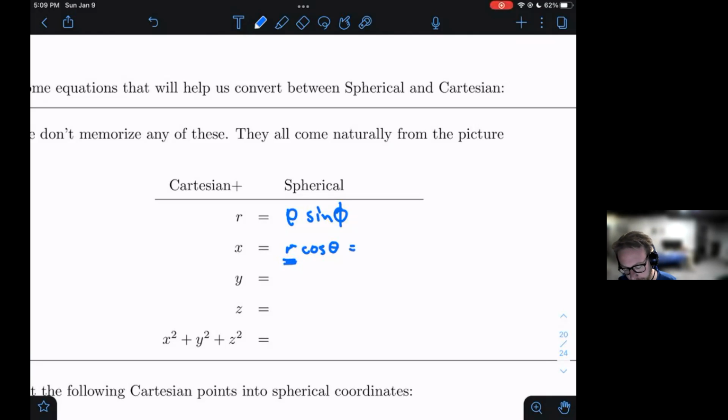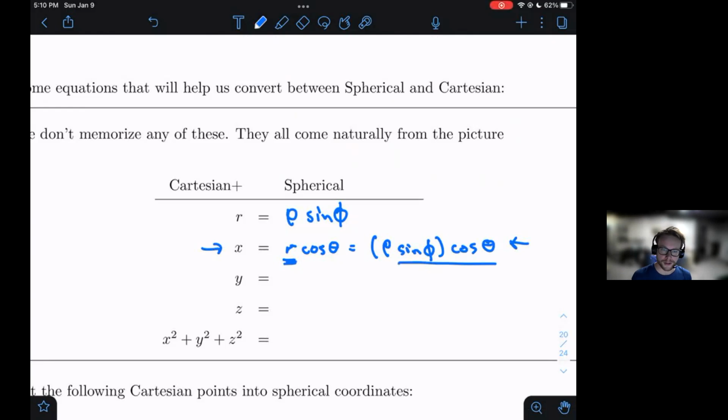So I'm going to go ahead and just plug that in for rho sine phi cosine theta. So again, x is equal to rho sine phi cosine theta. And now we see that we've turned our Cartesian thing into something where we have all spherical parameters, right? The rho, the phi, and the theta.